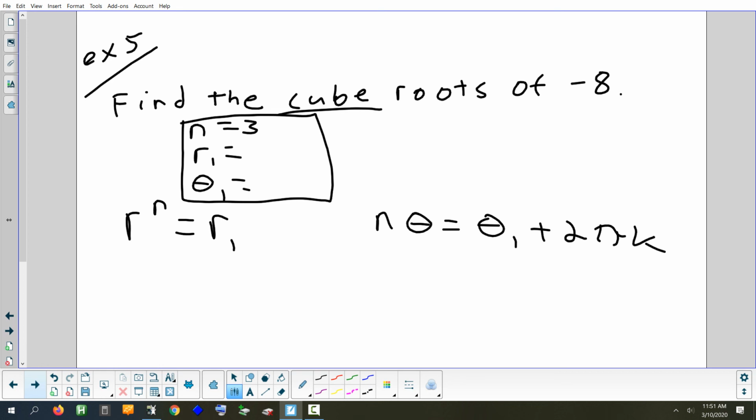Now r1 and theta 1 are going to come from this number. It's the only number you have in the whole problem. So find the radius and the angle for negative 8. How would you graph negative 8? Go left 8 units. If you go left 8, what's your radius?